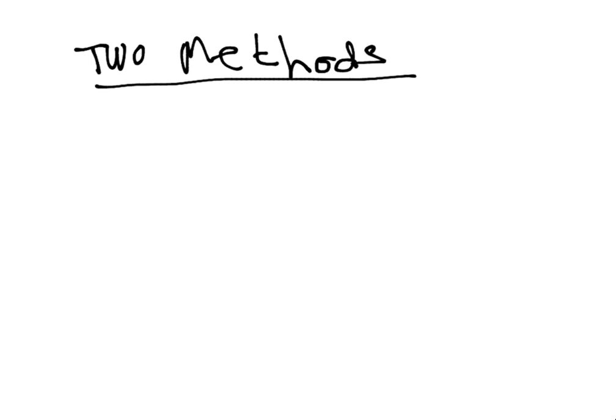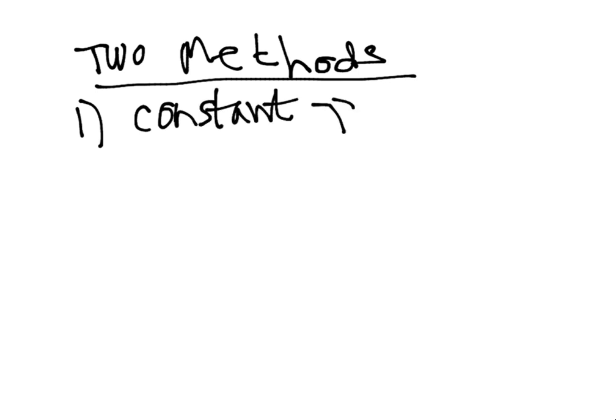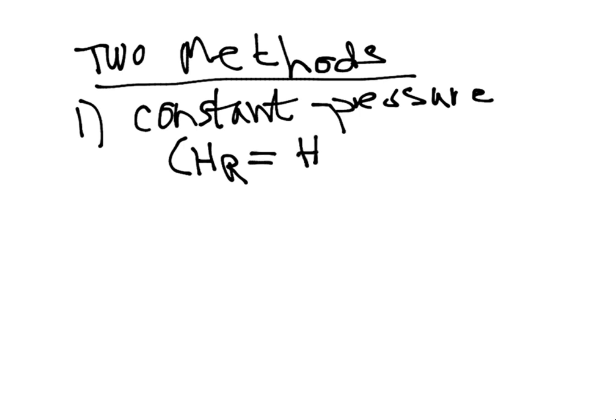So there's two methods. Method one is constant pressure, which is where the enthalpy of our reactants is equal to the enthalpy of the products.